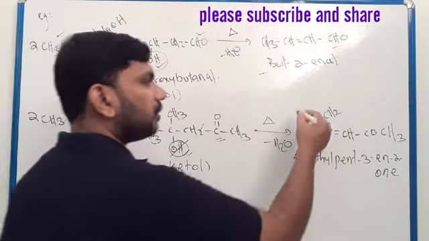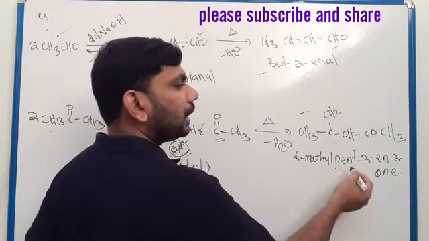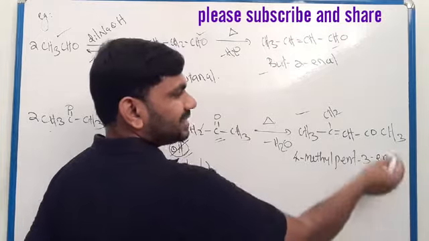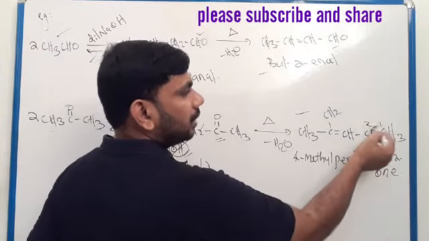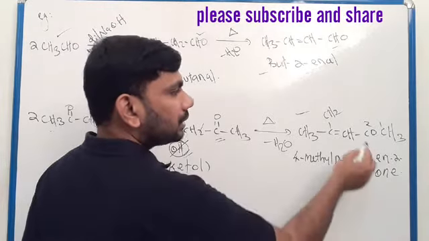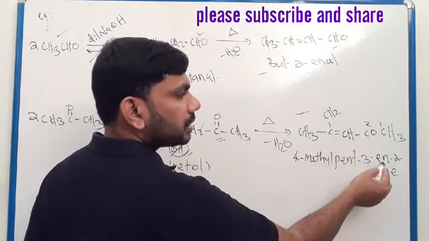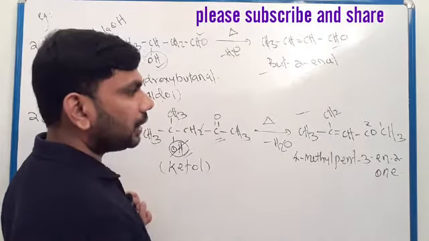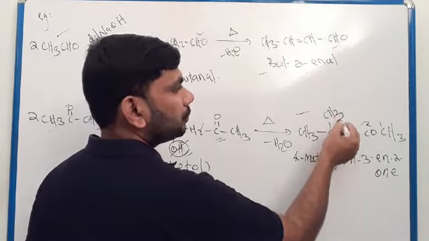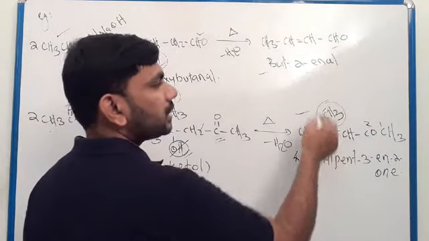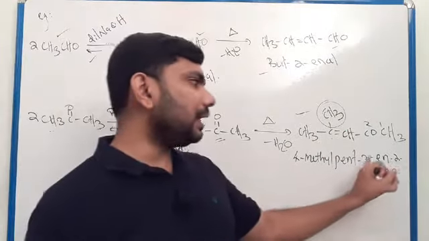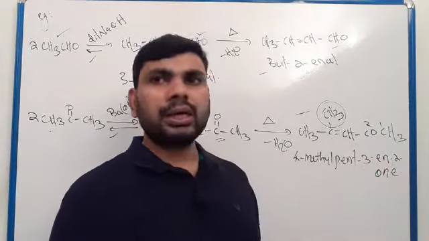So this is the final product, 4-methylpent-3-en-2-one. In the second carbon there is the ketone functional group, in the third carbon there is the double bond, ene, and in the fourth carbon there is a CH3 side chain. That's why 4-methylpent-3-en-2-one.